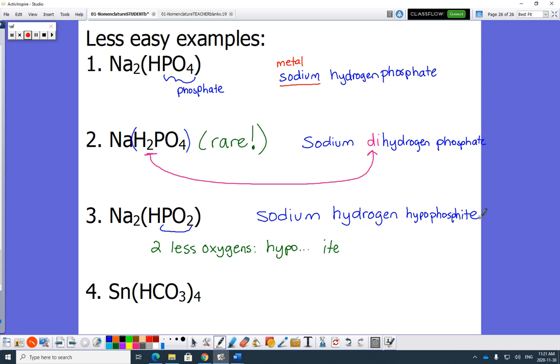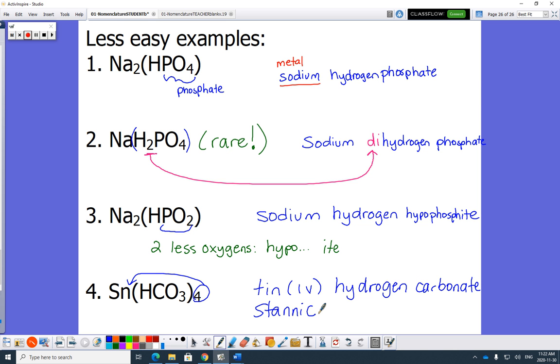So that can help you remember, oh yeah, if there's an H beside the polyatomic ion, to put hydrogen in there, because it's on the back here, hydrogen carbonate, okay? So you have a choice. This is tin. It is 4. Which, if you like Latin names, you can call it stannic. I don't care.